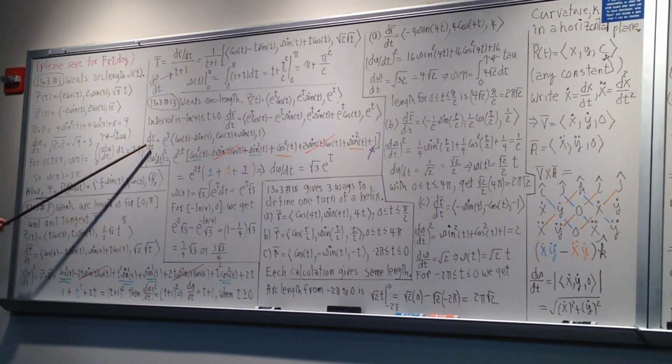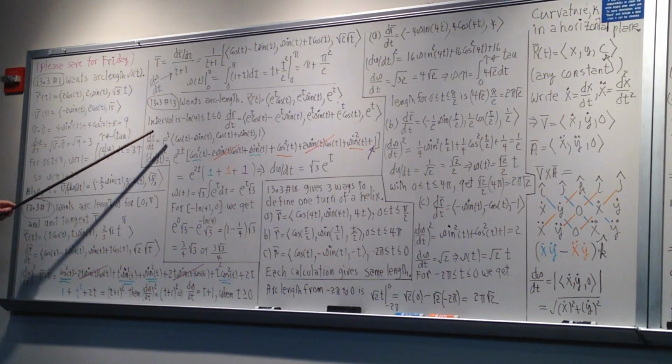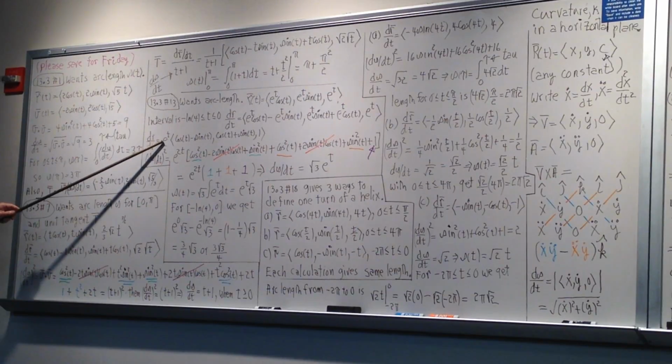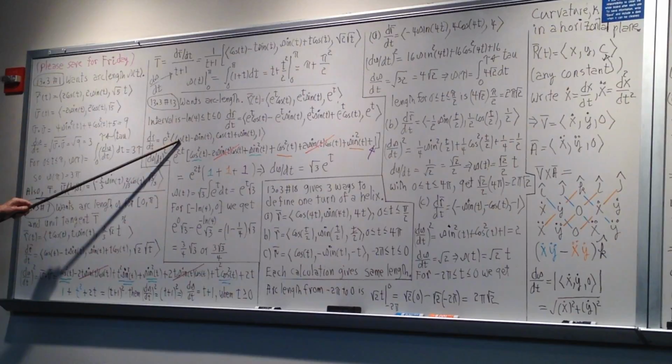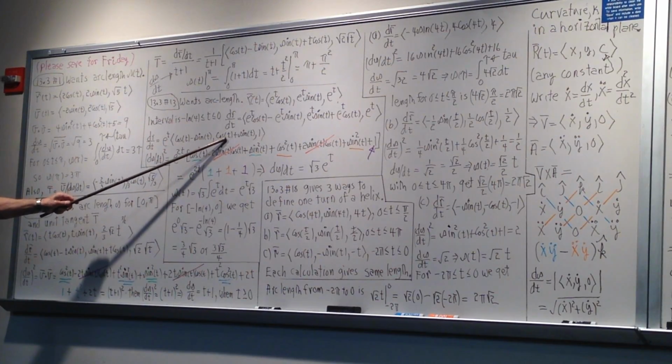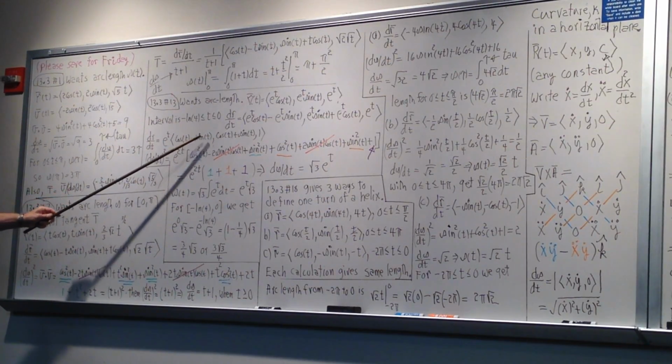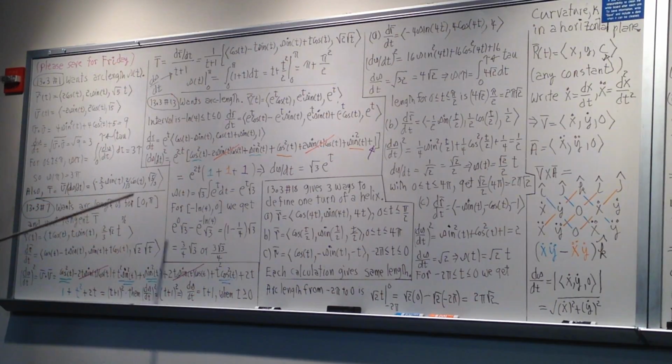So then if you want the speed square, you multiply this by itself, which is your e to the 2t, and then you do your dot product of this vector with itself.